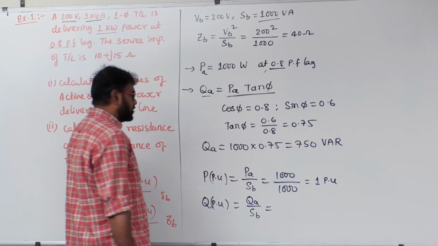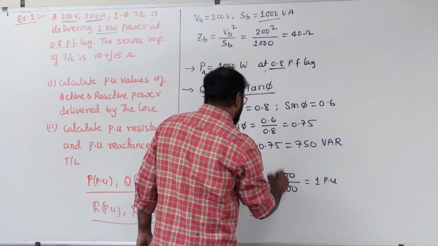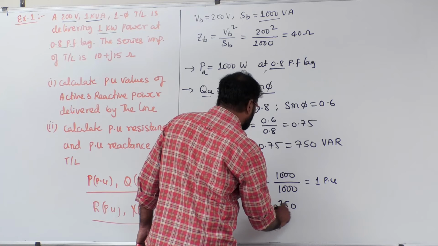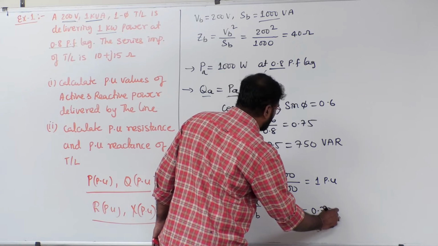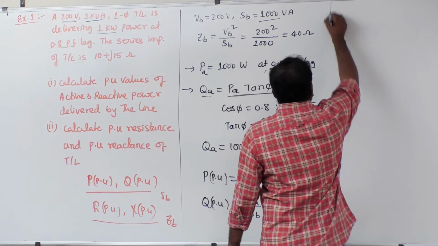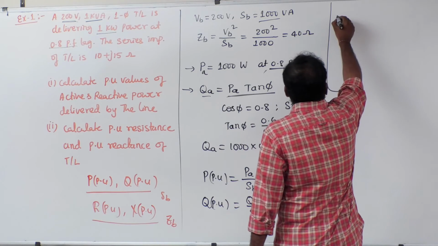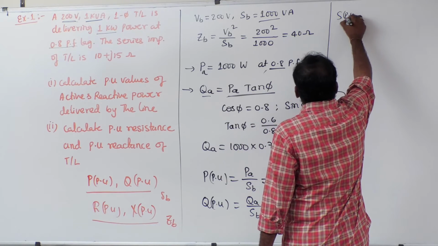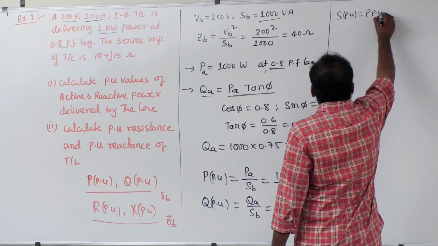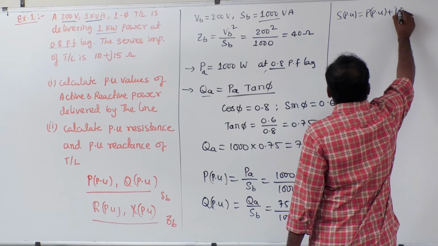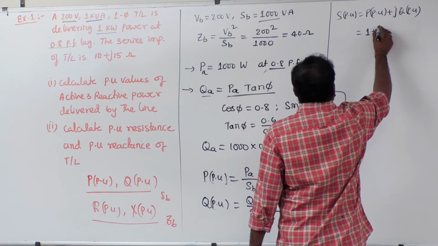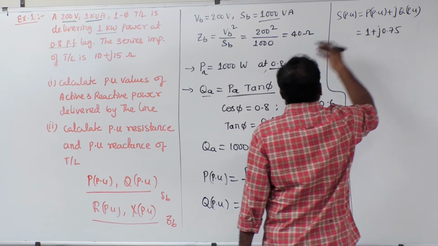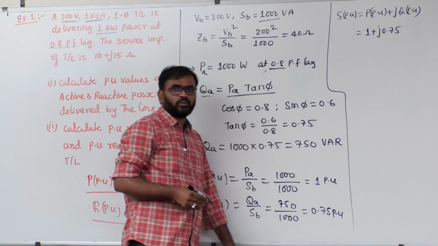What is Q actual given? Q actual is 750, S base is 1000. So we get 0.75 per unit. Now I can also write S per unit equal to P per unit plus j times Q per unit. So 1 plus j0.75, that is also valid.